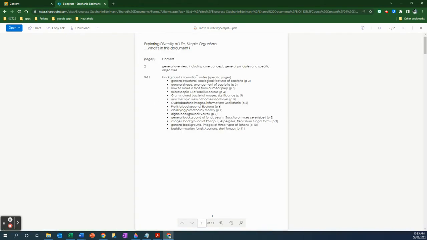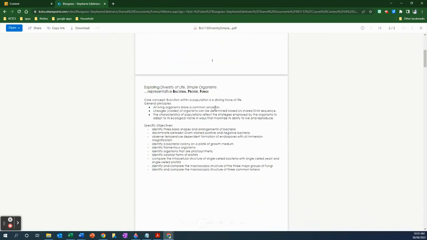So, we're going to talk about bacteria. If we were in class, you could see bacteria under a microscope, but we're going to have to do with just pictures, which may actually be an advantage because some people struggle with a microscope.